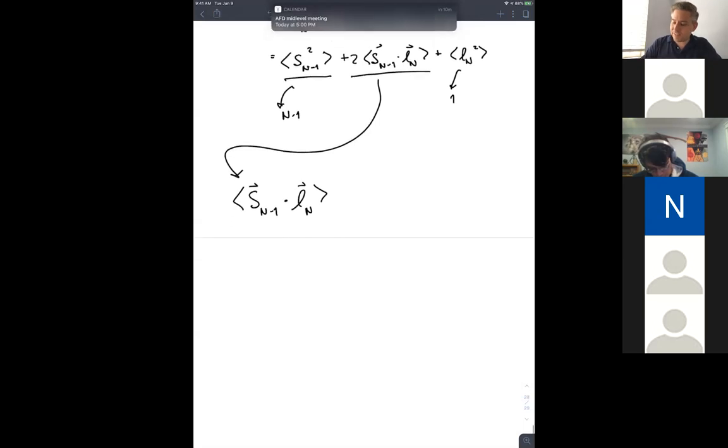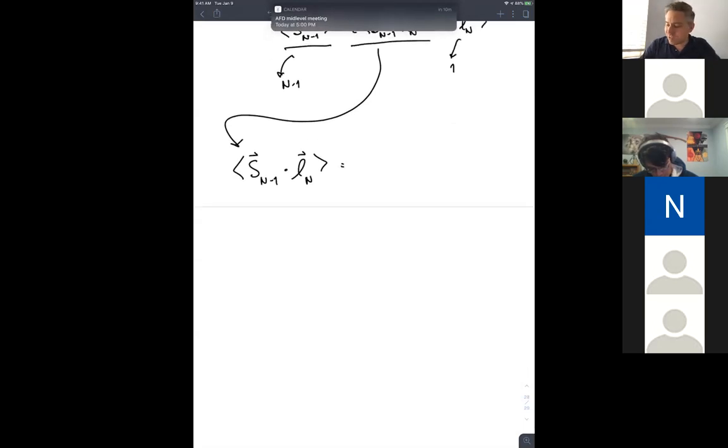Again, we go back to our basic introductory physics. You can write this as the magnitude of S sub n minus 1 times the magnitude of L sub n times the cosine of the angle between them. This is just a constant. That's just our step size, might be plus, might be minus, doesn't matter. This is the displacement of all of our previous steps.